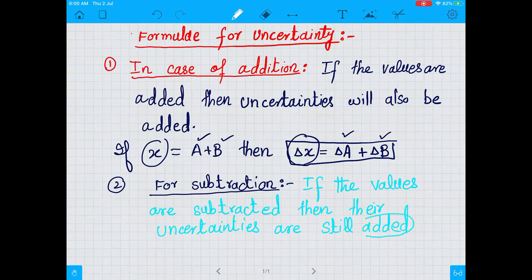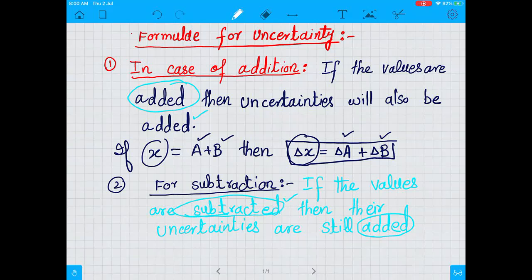So we can say that if you add the values or you subtract the values, in both the cases the uncertainties are added.